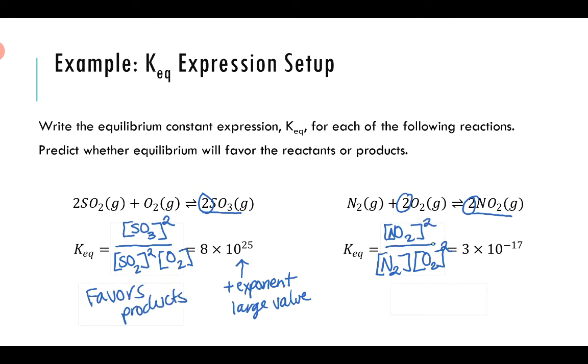And on the second one, we have a negative exponent. And so that negative exponent means that we have a very large denominator and a very small numerator. And so we have mostly reactants. So I'm going to write favors reactants.